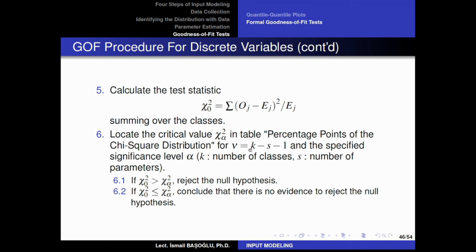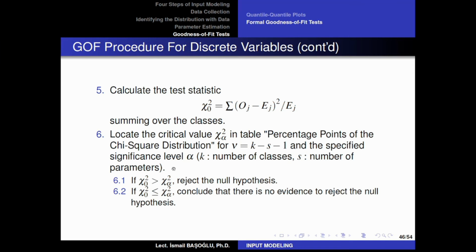Remember, in the uniformity test, we determined the degrees of freedom as the number of classes minus 1, so the number of subintervals minus 1. However, this time there is an s here. What is this s? The number of parameters of that distribution.